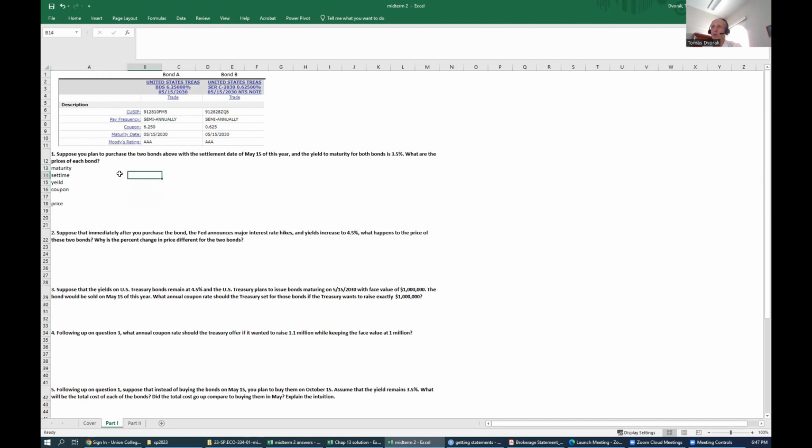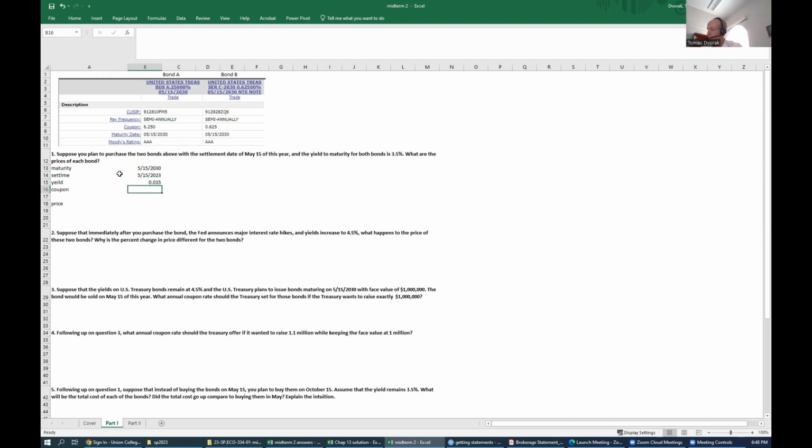So for bond A, settlement is 5/15/2023. Maturity is 5/15/2030. And yield we said is 0.035.